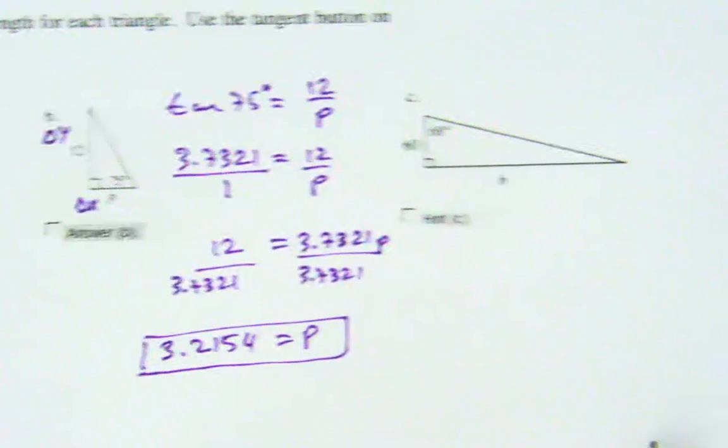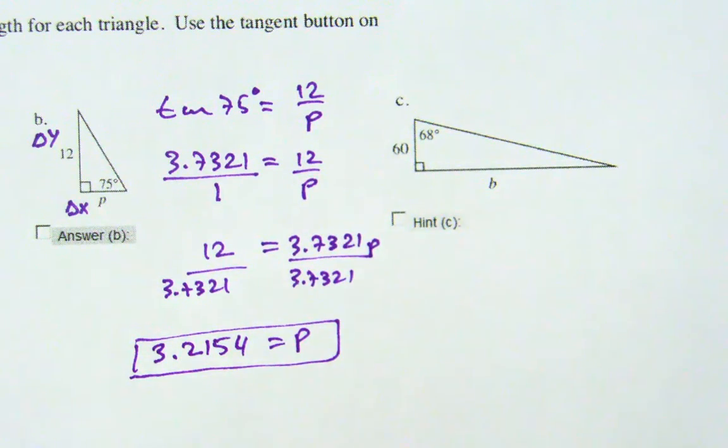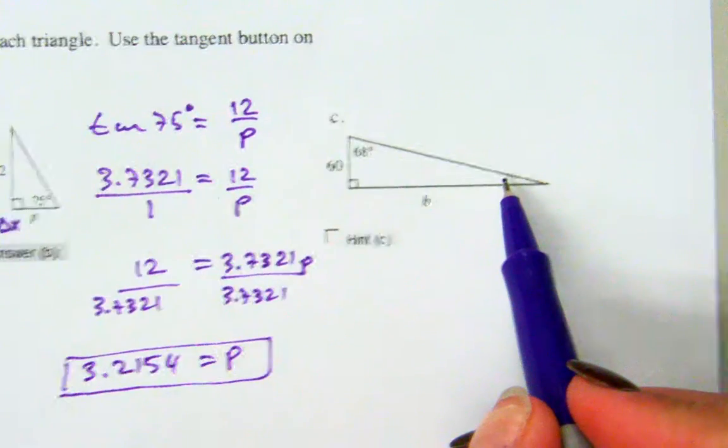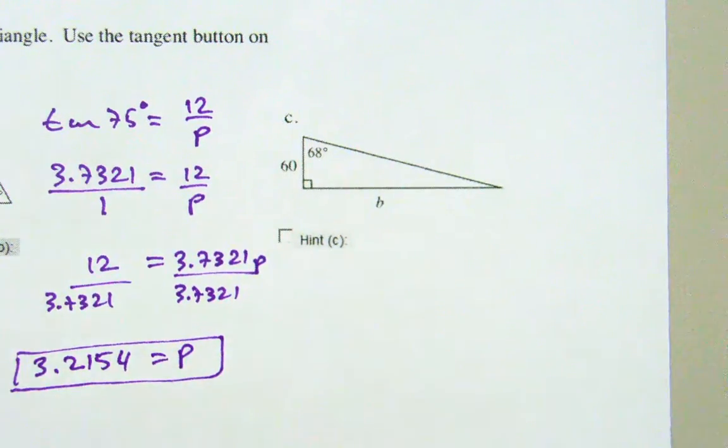All right, and then here you can pretty much decide how you want to turn this. If you keep the 68 degrees, which is fine, I'm actually going to find this angle first down here. So my angle here is going to be 90 minus 68, so that's just 22.